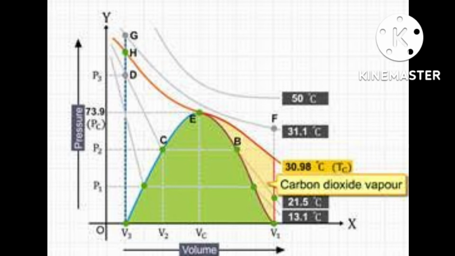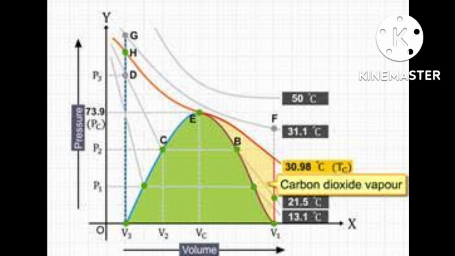Already I discussed, Z is greater than 1. Permanent gases always show positive deviation, meaning in the PV versus P graph, the positive deviation is above the ideal line. Okay, that is a characteristic of permanent gases.